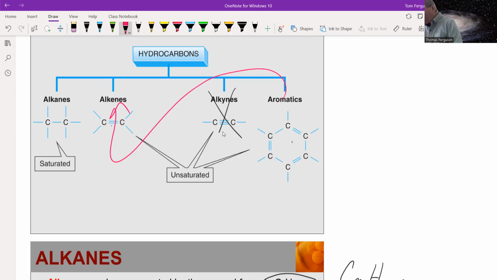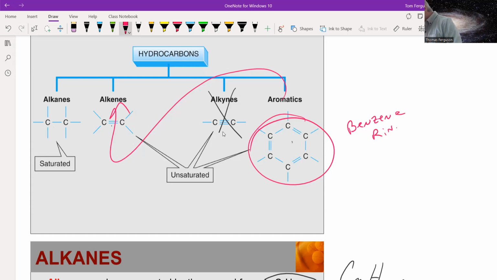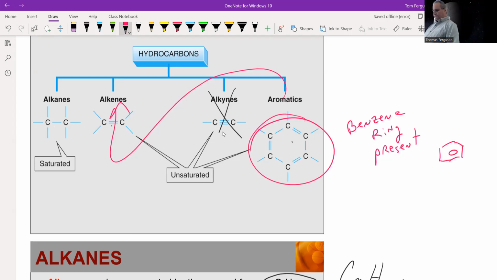And the aromatics have this ring structure. And the benzene ring structure frequently is not written like that. It's written like this. In fact, let me draw that more carefully.